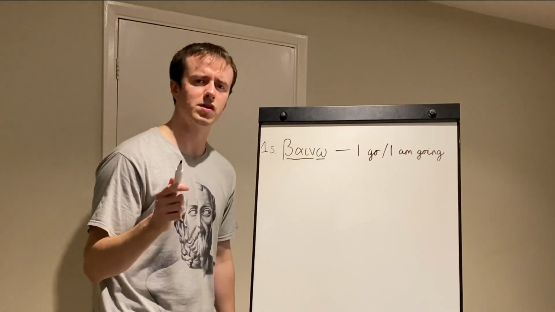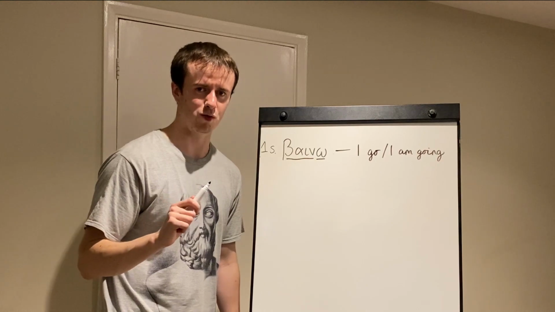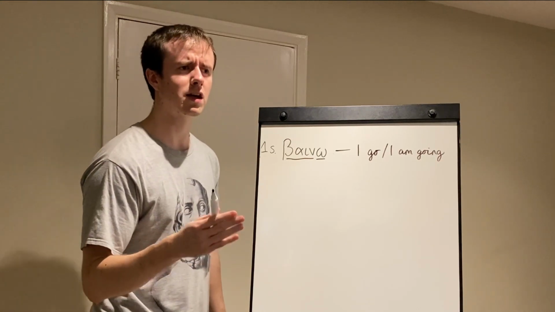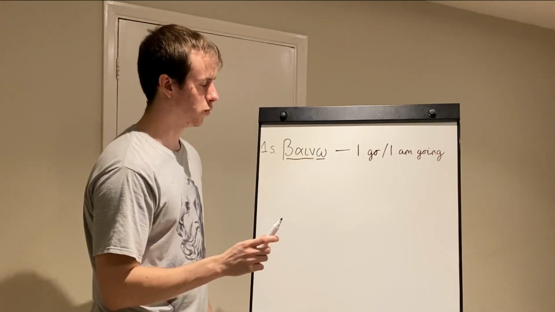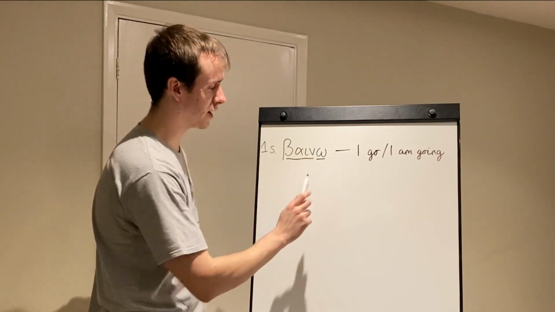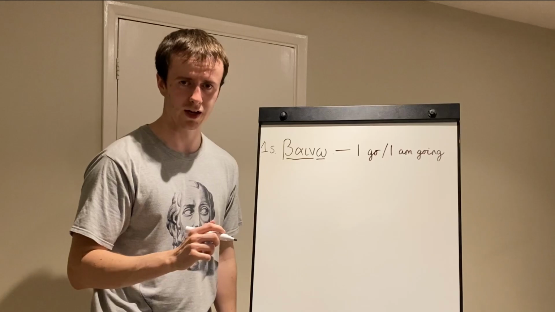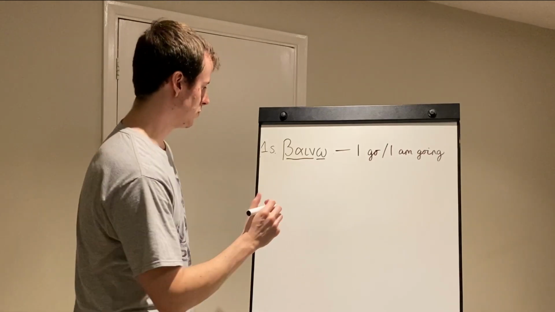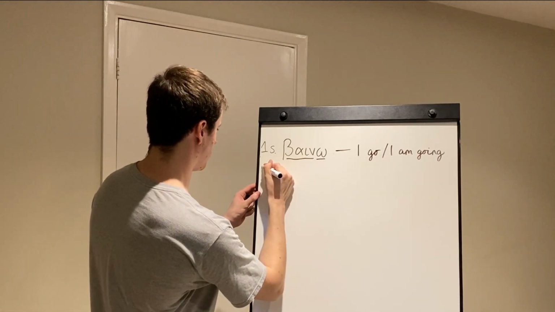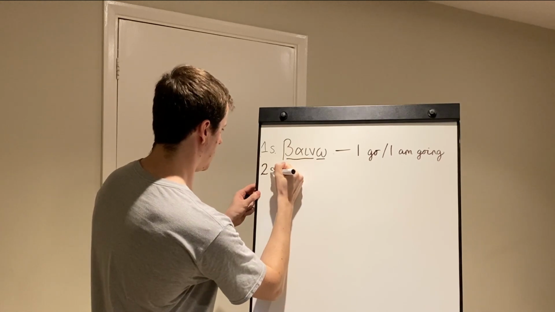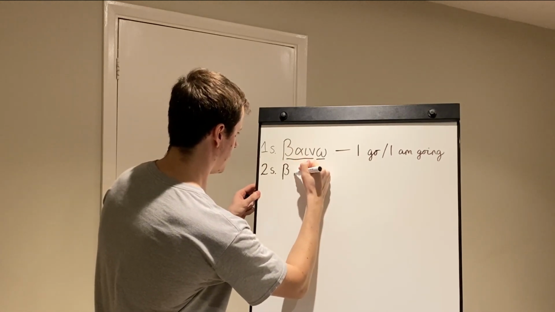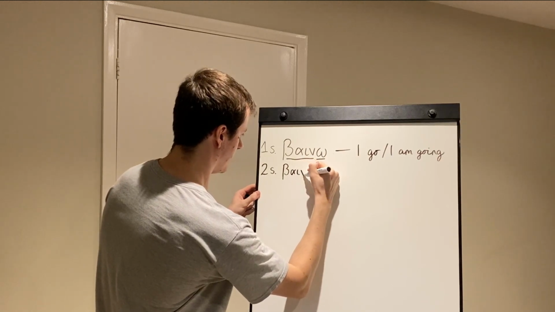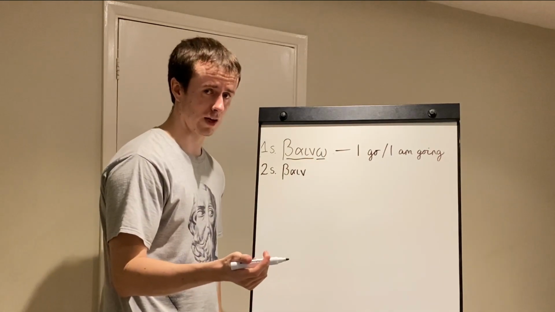But how do we form the second person singular of βαίνω? That is to say, how do we say you singular go or you singular are going? Well, as I said, it is the ending that indicates who is doing the action. So, for the second person singular, which we can write as 2s, we need to keep the stem the same, because the stem tells us that it's the verb to go, but we need to change the ending.